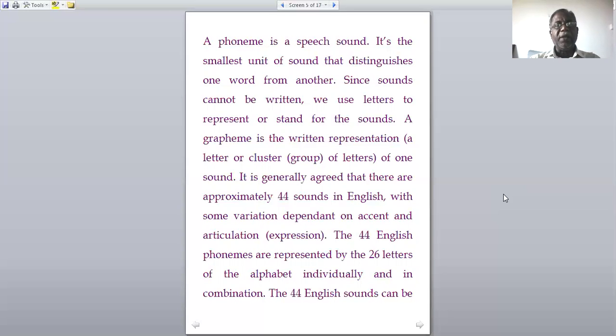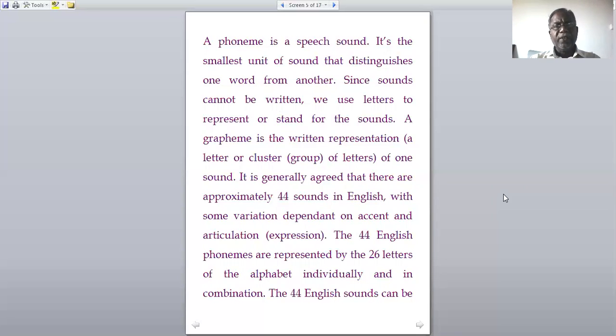Since sounds cannot be written, we use letters to represent or stand for the sounds. We cannot write the sounds. Instead, we need to have some structure for the sound. That is a letter. Otherwise, alphabet. Here we say A, there they say A, like that.